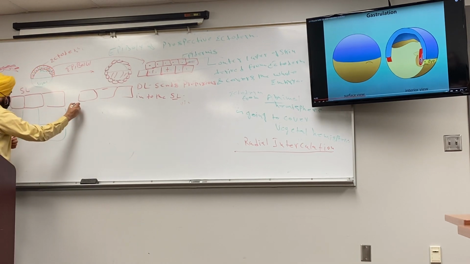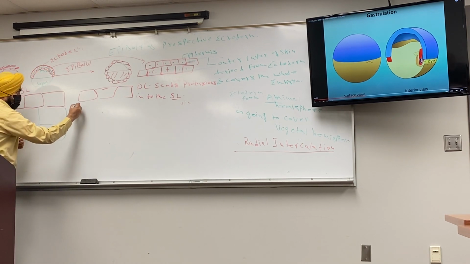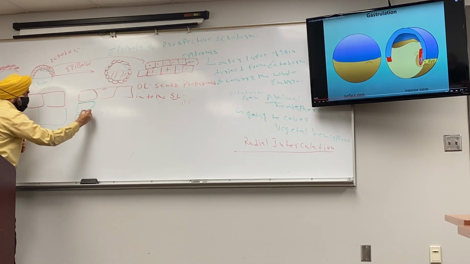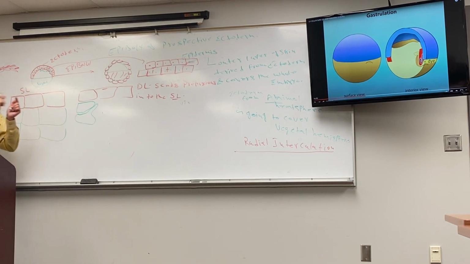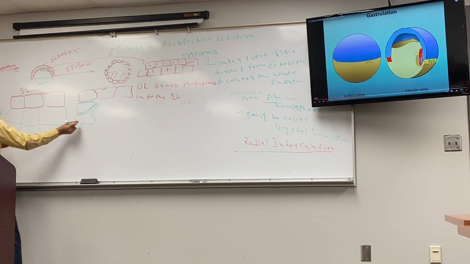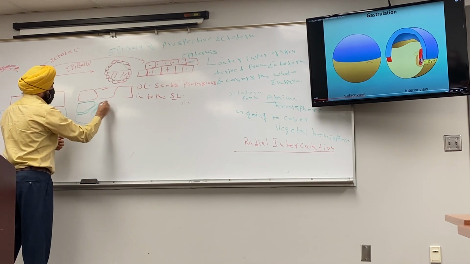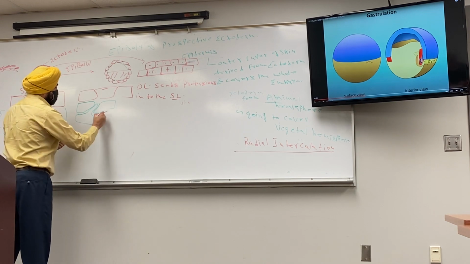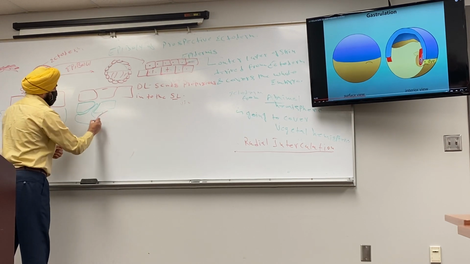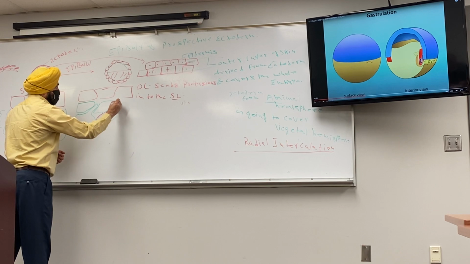The cells here are like this, but the cells here change shape and send a protrusion like this, okay? The other cell right here also sent a protrusion like this.